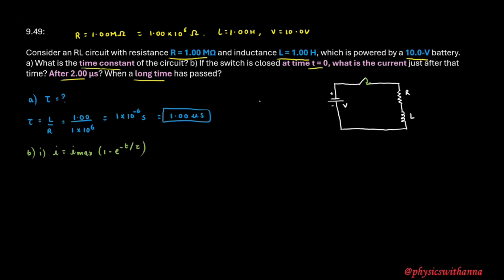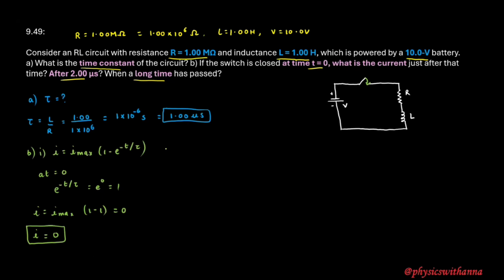This is when the battery is connected to the circuit and the current is increasing. At t equals 0, e to the power negative t by tau will become e to the power 0, which will be 1. So this reduces to I equals I max times 1 minus 1, which is equal to 0.